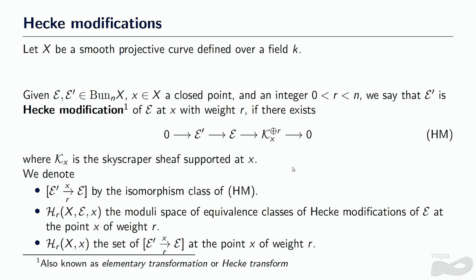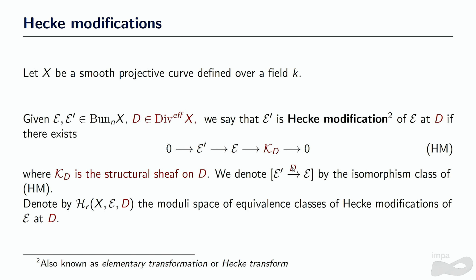Okay, so everything that I said about Hecke modifications of vector bundles for a single point can be generalized if we change the point by an effective divisor. Everything that I said before works the same way. So I will go quickly on this slide because it's the same definitions as before, but just changing x by D here.